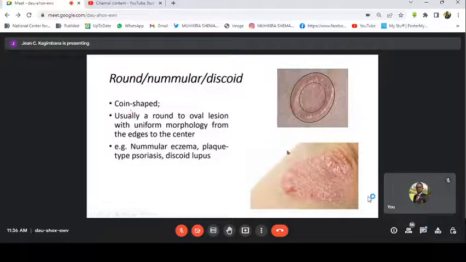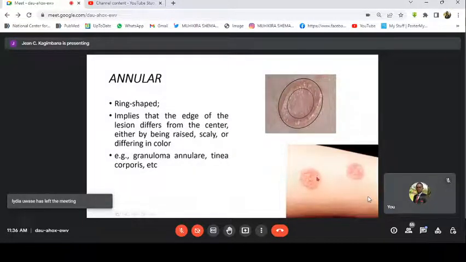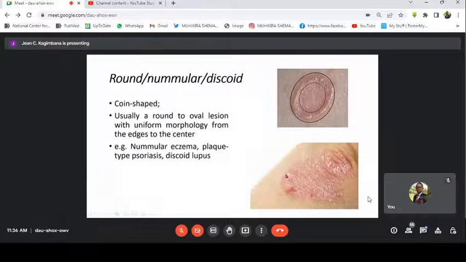Now, or you might have a nummular lesion, eczema, like this one. It's not round as seen in the previous one in tinea corporis, but here you have a round or discoid lesion, like a coin.